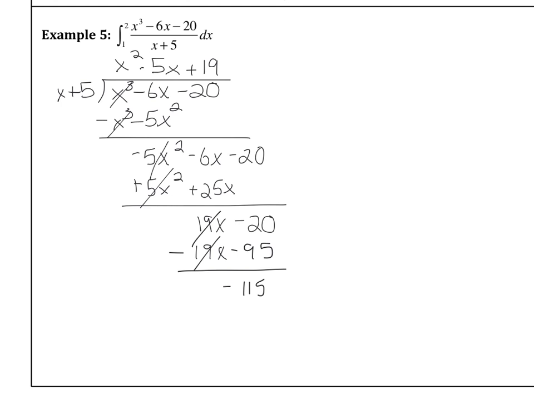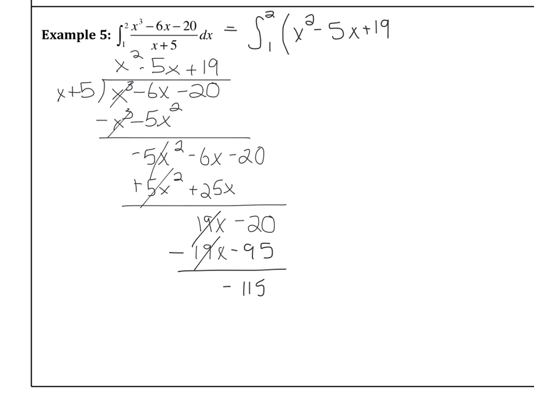Okay, so now let's rewrite our integral as a mixed number. And ooh, it's a definite integral. Okay, so we'll have from 1 to 2. And then let's see, so we're going to have the whole thing, right? Our whole number part, which was up top, x squared minus 5x plus 19, and then plus remainder over divisor.